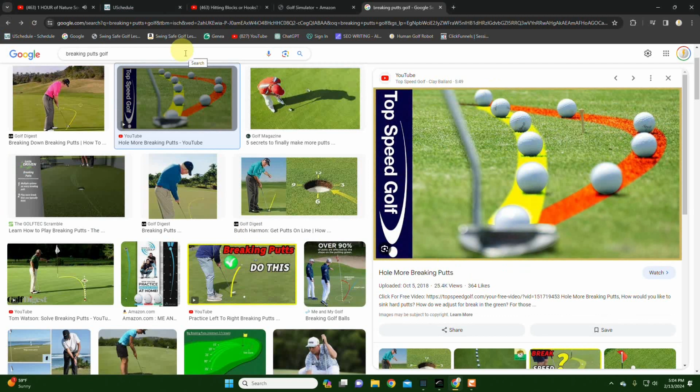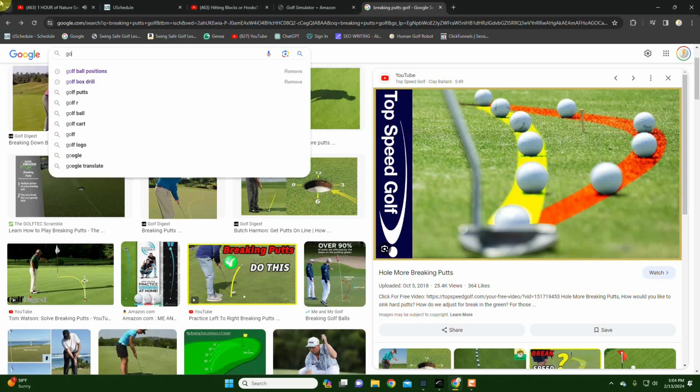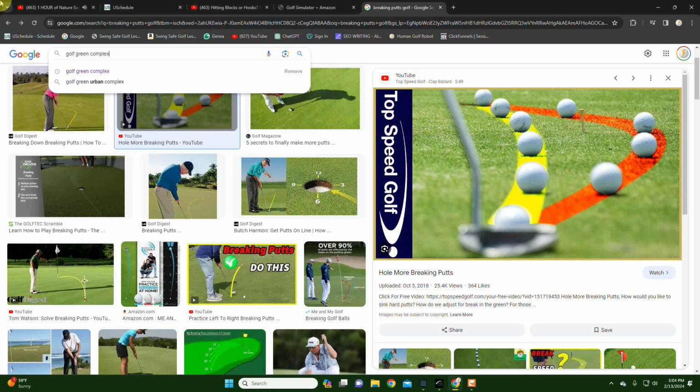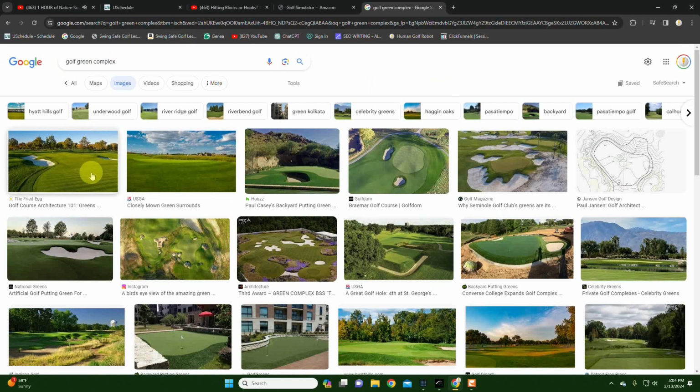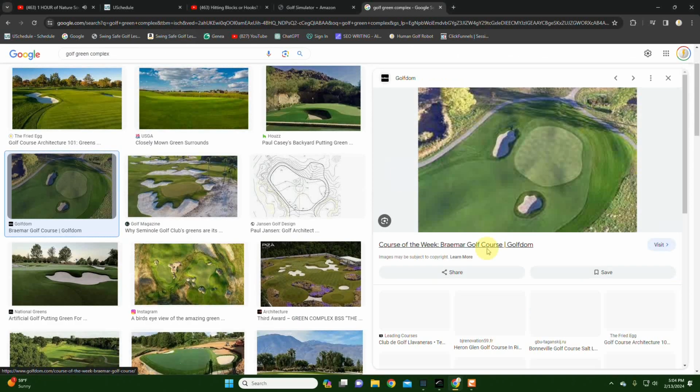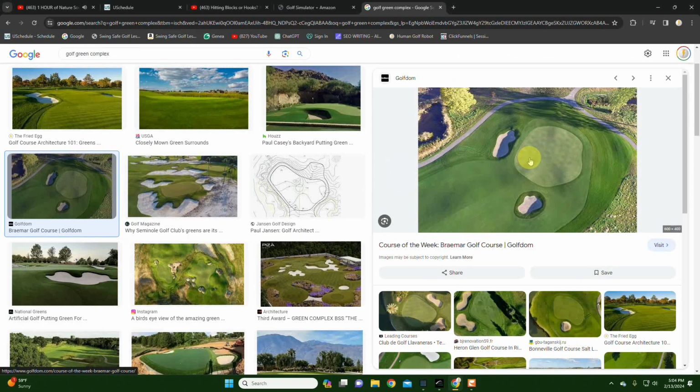Let me see what else I noted here from our game. Oh, trajectory shots. You had a situation where you needed to play a high shot, and instead you played a low shot, so it didn't stop near the hole. If you look at a golf green complex, let's say the flag is up here in the front left-hand corner, and your ball is over here on this side of the sand trap.